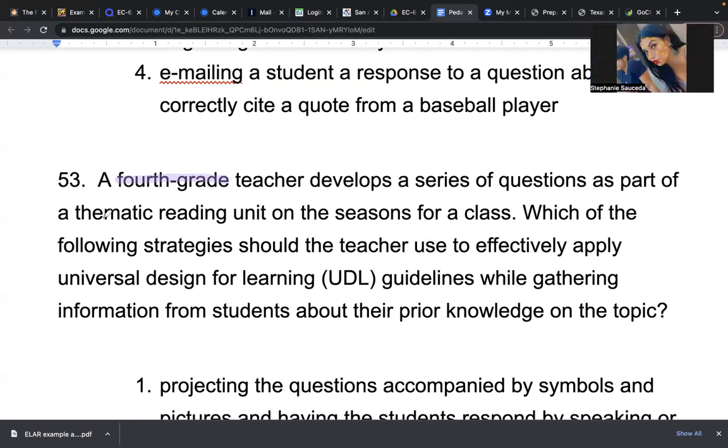It's a thematic reading unit, and it's about the seasons, right? Which of the following strategies? We're looking for the strategies. The goal is like, what strategy to do what? What strategy for what? For universal design for learning. Right. So what is that? What is UDL?